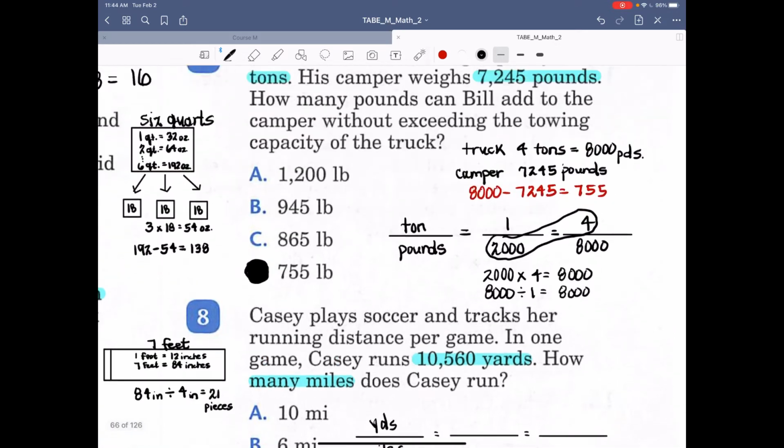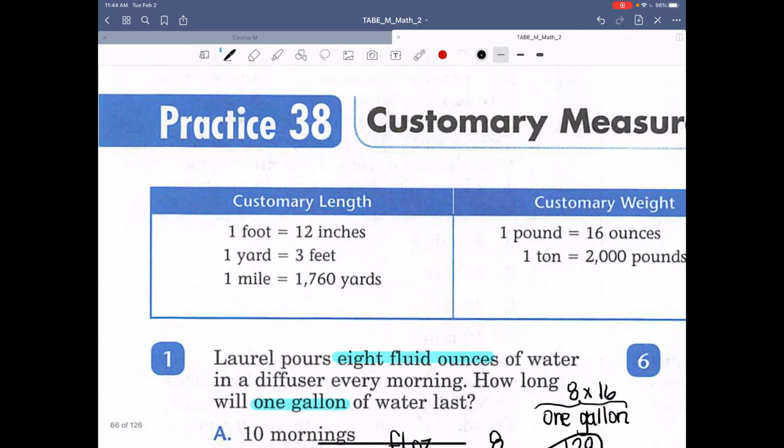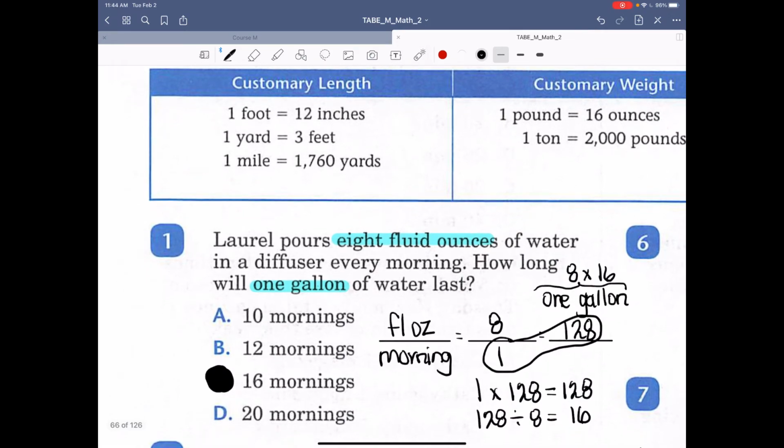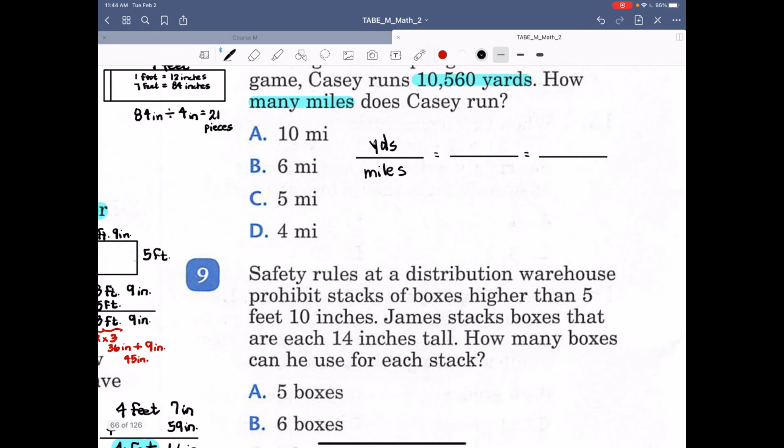And if I look back up here, I see that 1 mile is worth 1,760 yards. 1 mile is worth 1,760 of the yards.